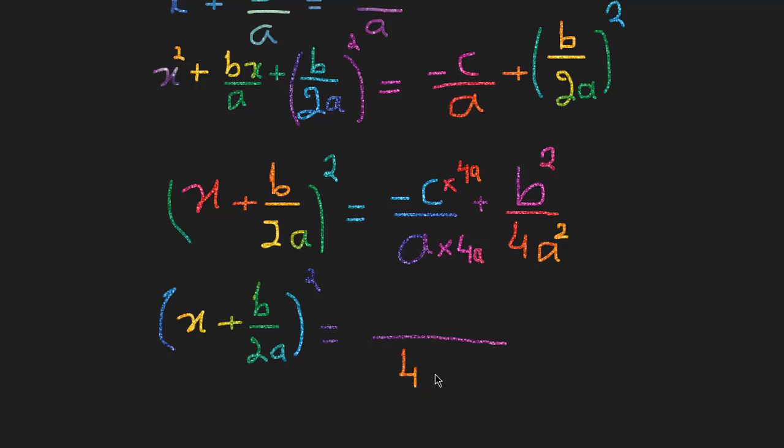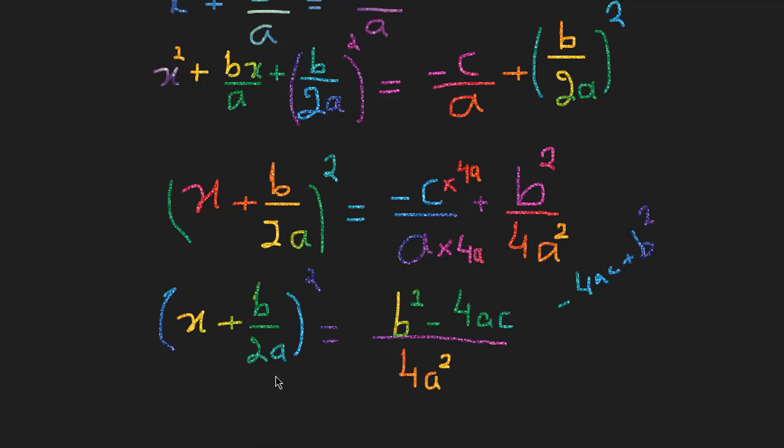So I will write 4a squared here, and then negative 4ac plus b squared. We can write it the other way around, like b squared minus 4ac. They're equal.